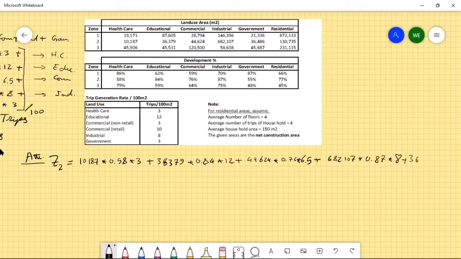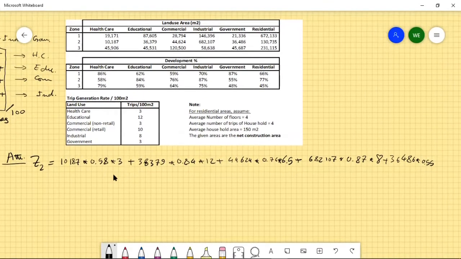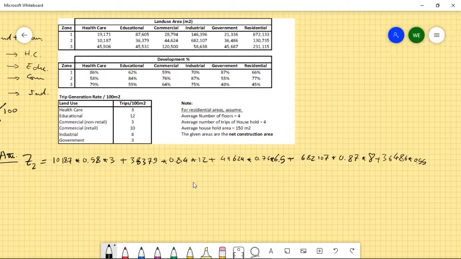36,486 multiply 0.55 multiply 3. So zone 2, and of course all of this divided by 100.